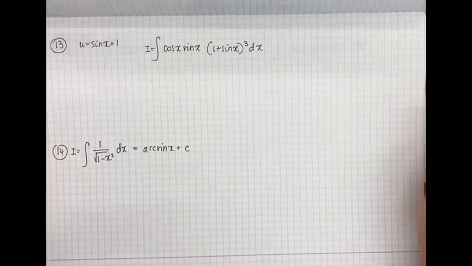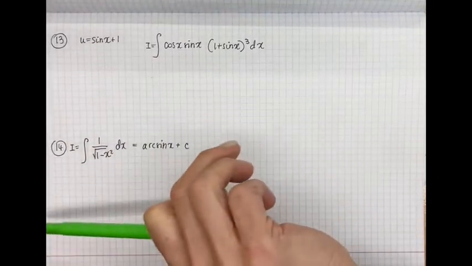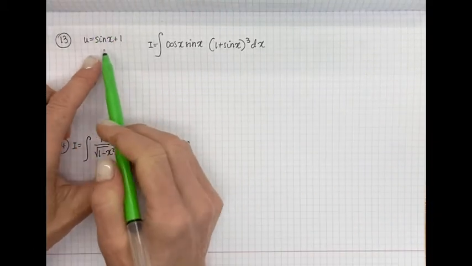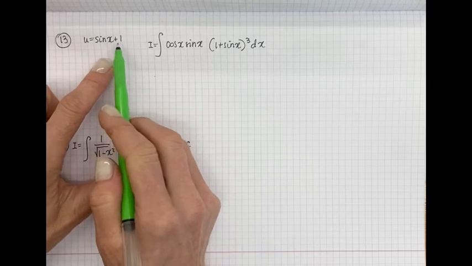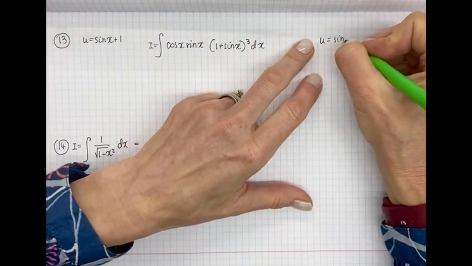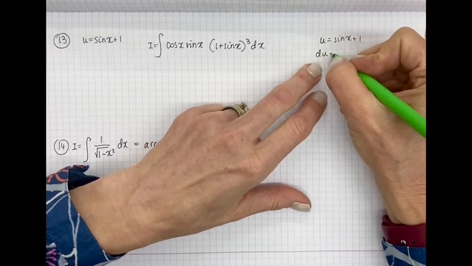So example 13, you've got another 2 examples to complete. So they're giving you the substitution, u is equal to sine x plus 1. I normally actually write my substitutions on this side and then do all the work to do with the substitution altogether on the right hand side.